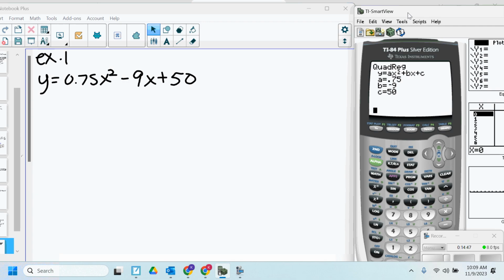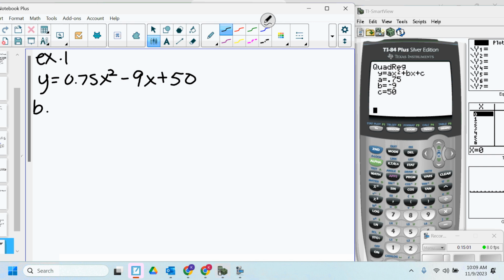So now we want to find the vertex and axis of symmetry. This is my equation here. I want to use those ideas we talked about last unit to find the vertex. And how can I always find a vertex? I could put this all in vertex form, but that seems like a lot more work.